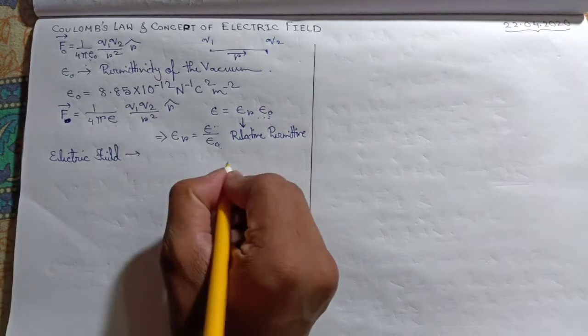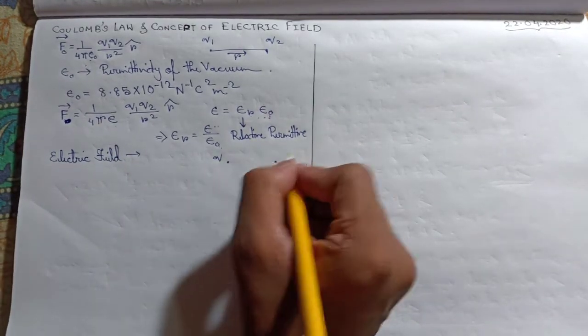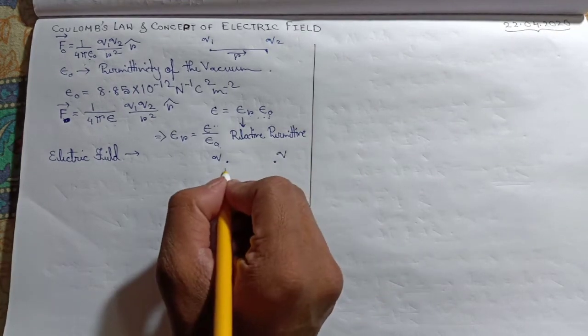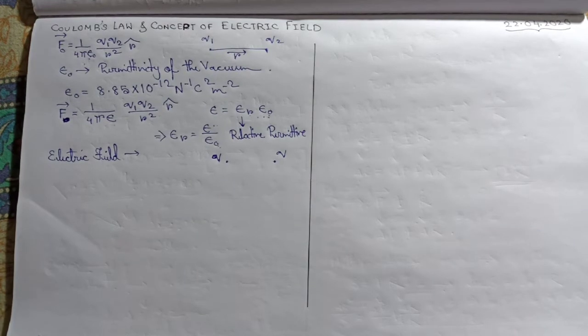As we all know, if two charges are there, q1 and q2, they will experience some force, some attraction or repulsion between them, right? We can analyze this phenomenon like this. Suppose first you place a charge q, then it will create something around it, and if we put another charge, then it will experience something.